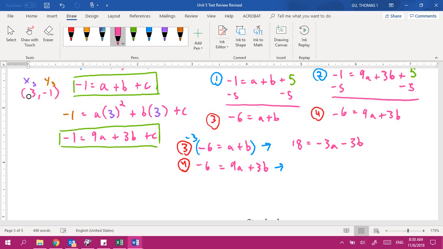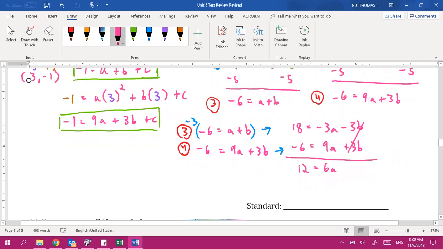And our second equation is unchanged, so it's negative 6 equals 9a plus 3b. And so when I add these two equations together, the b's cancel, and what's left? 12 equals 6a, right. And then how do I solve for a from here? Divide by 6. So a equals 2.